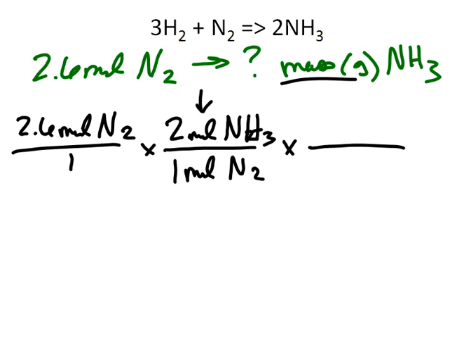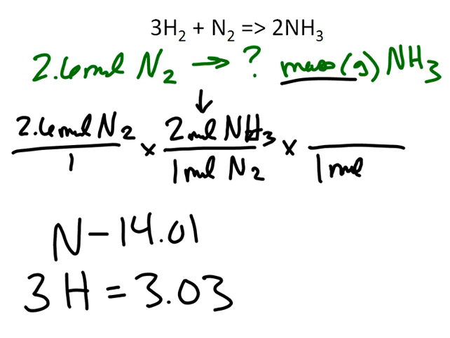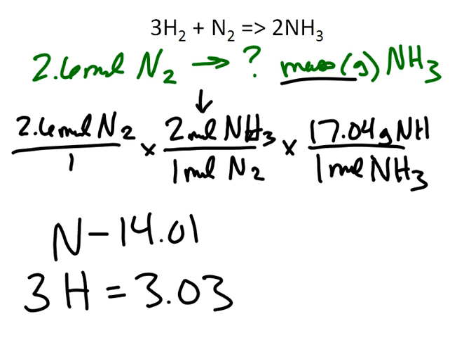Just to refresh your memory, nitrogen is 14.01, and there's only one of them, but I need 3 hydrogens, which is equal to 3.03. So my molar mass for ammonia is going to be 17.04. Well, 1 mole of ammonia, because I need it on the bottom, is 17.04 grams of ammonia.